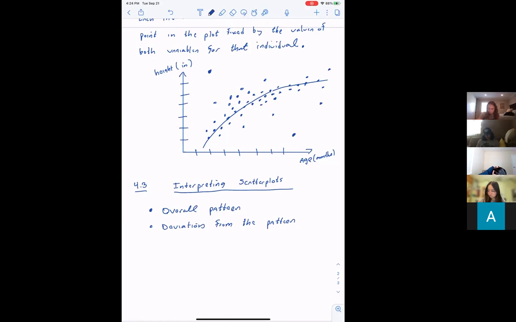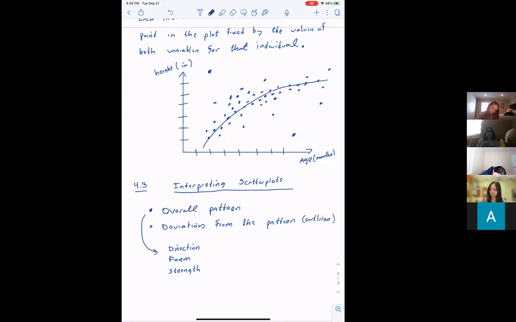Those are deviations from the pattern. In terms of the overall pattern, we look for direction, we look for form, and we look for strength. Those are the three big ones: direction, form, and strength.